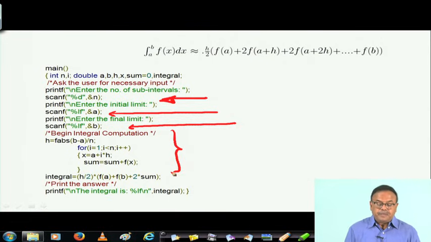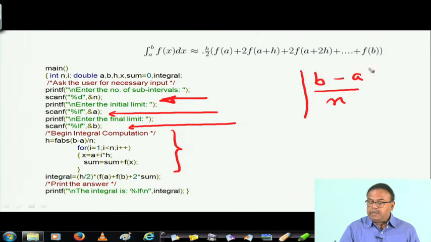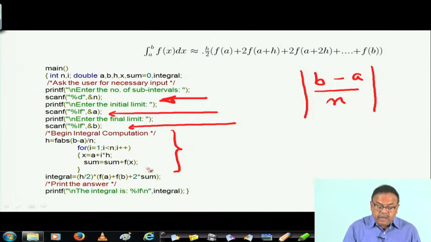What is being done? h is the absolute value of (b minus a) divided by n, and I am taking the absolute value of that, because it could have gone on the other side also.